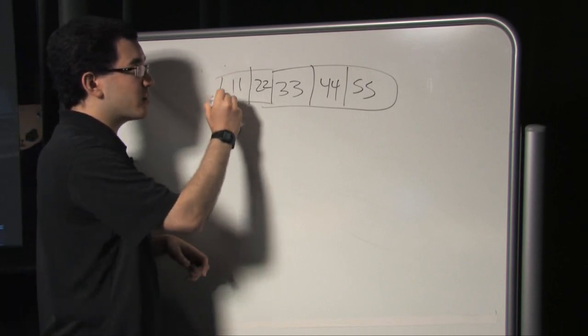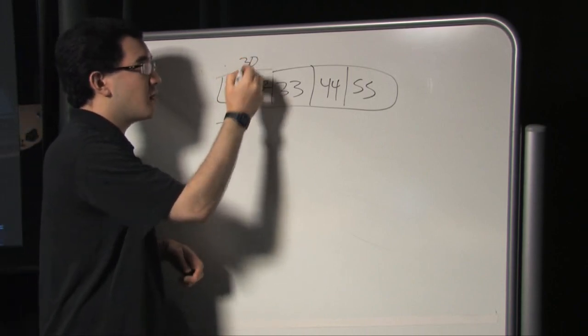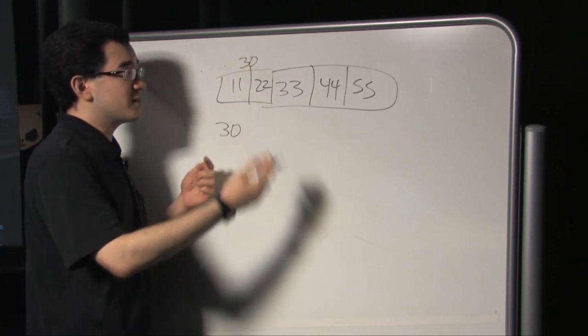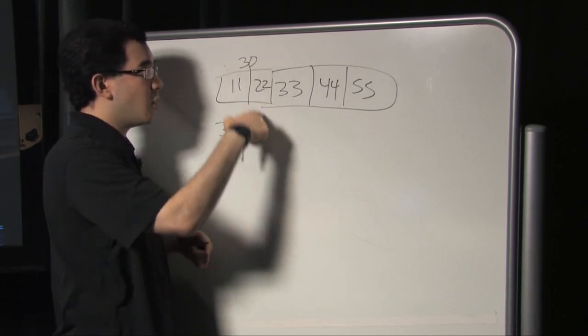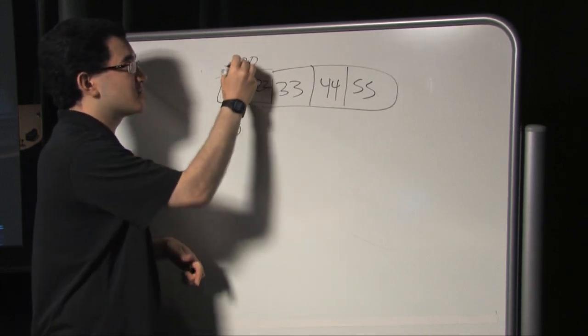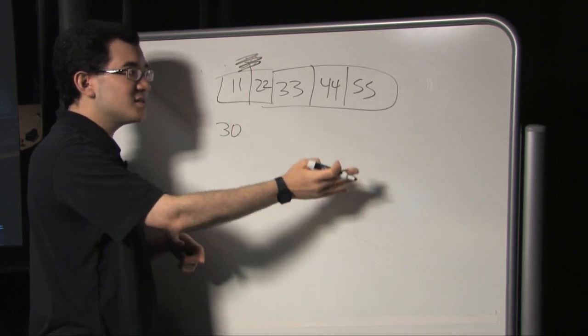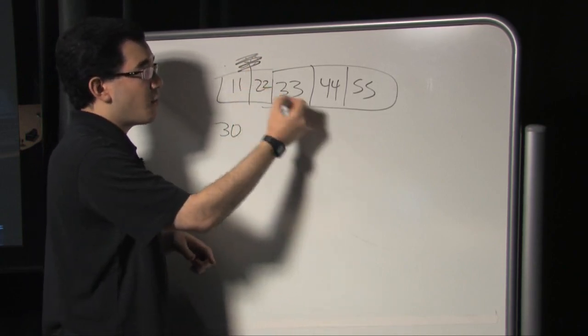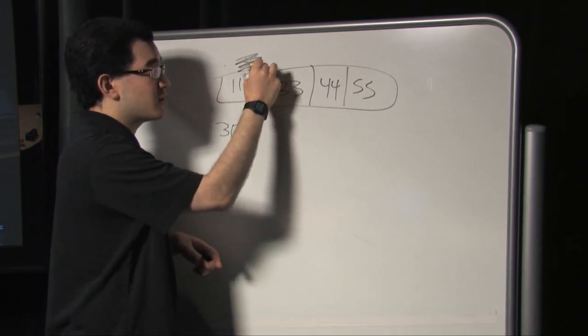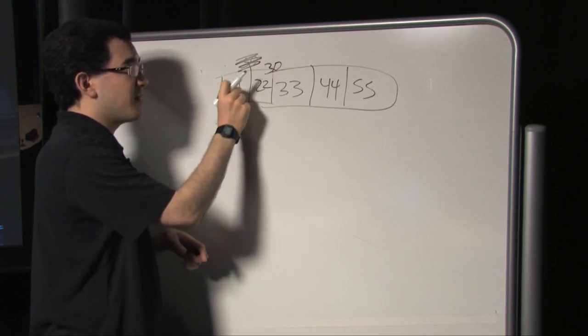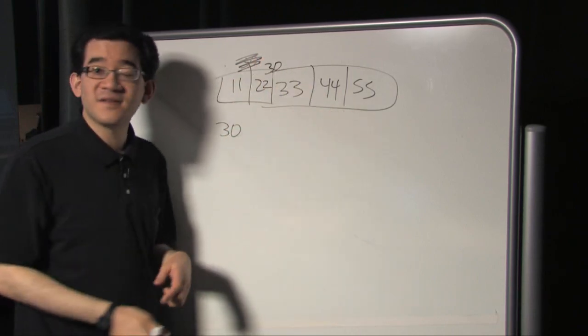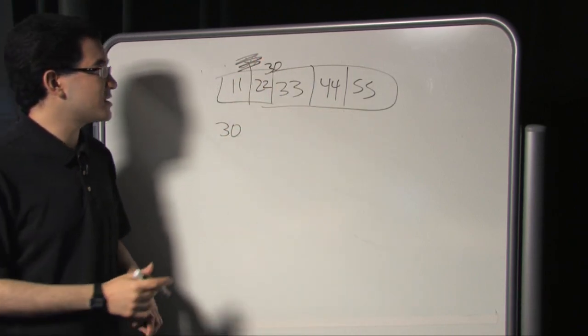So could I put 30 between the 11 and 22? I could not, because that would break the sorting. 11, 30, down to 22, that's not sorted. The first position in this sequence where I could insert the 30 would be between the 22 and the 33. So if my sequence looked like 11, 22, 30, 33, 44, 55, perfectly sorted, everyone's happy.